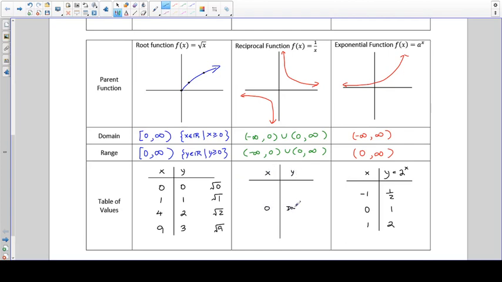Okay, so -1 is going to be -1, and 1 is just going to be 1. And if you need more, obviously go -2 and 2 over here. But yeah, usually I just do -1, 0, and 1. Okay.